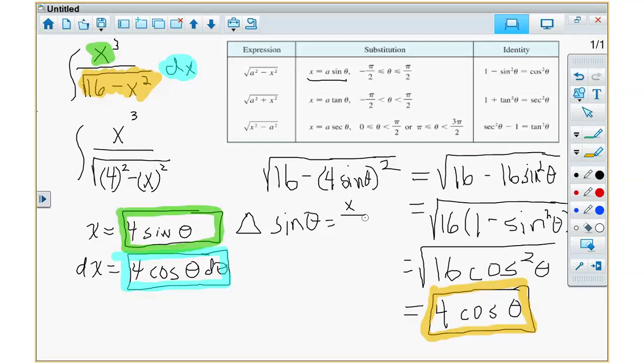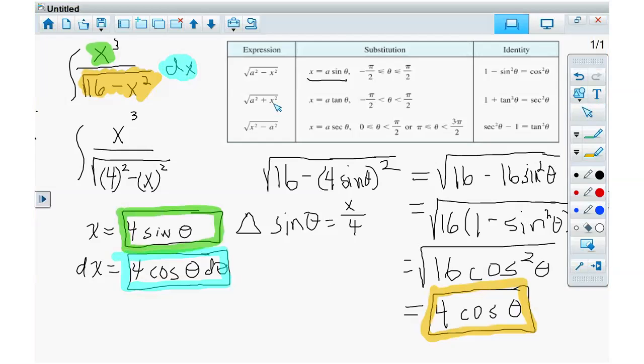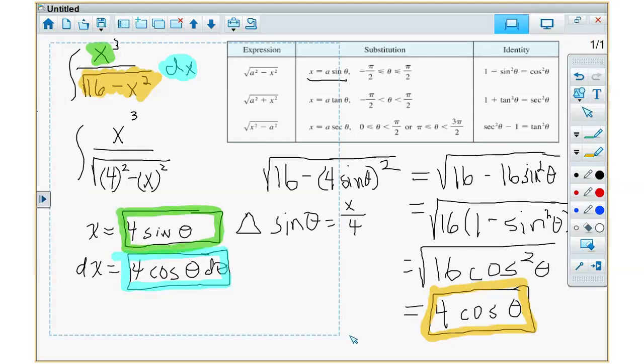Opposite over your what? Hypotenuse. And then after you found your antiderivative of thetas, you plug everything back in as x's. I'll show you. In other words, this is step 1.